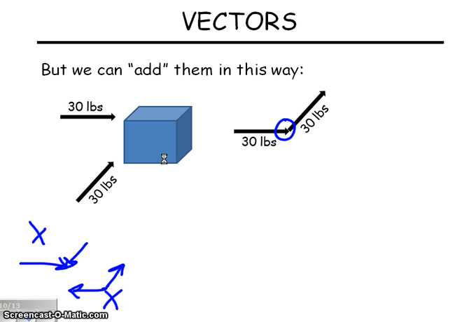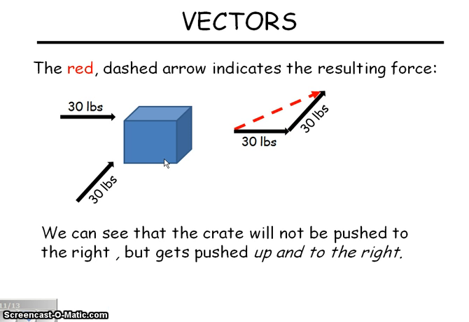And so now we can combine those two arrows with a line. You see that dashed line right there. That dashed line is the result. This is called the resultant, old vector language for the combination of the vectors.